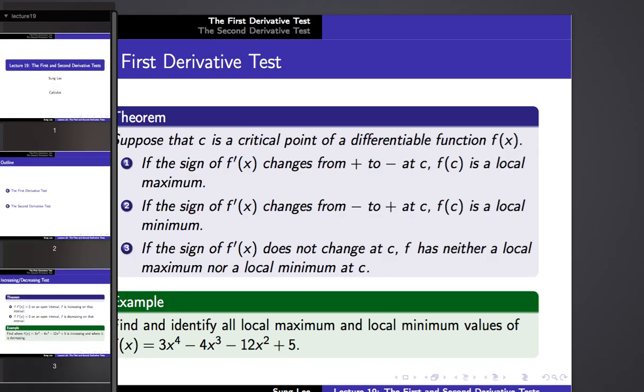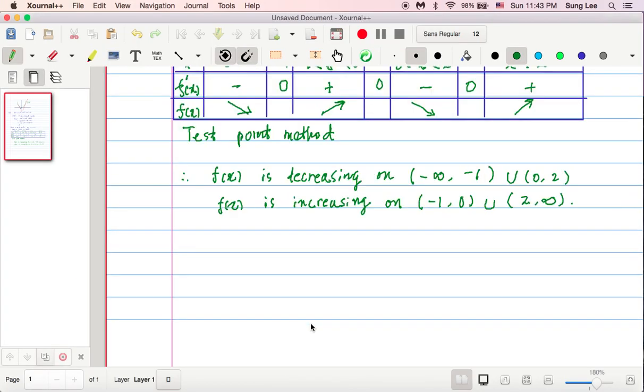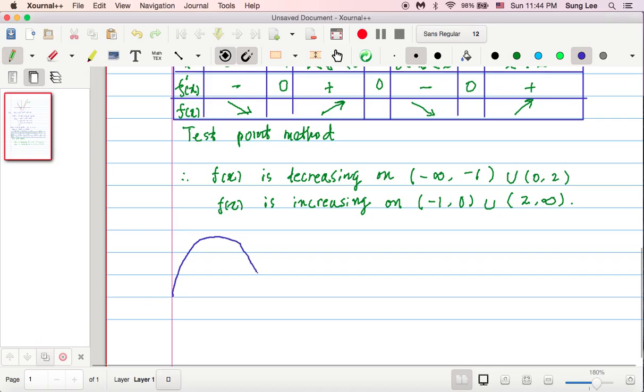So locally speaking, we have this kind of shape. I'm just drawing a local point, okay? The local portion of the entire graph.